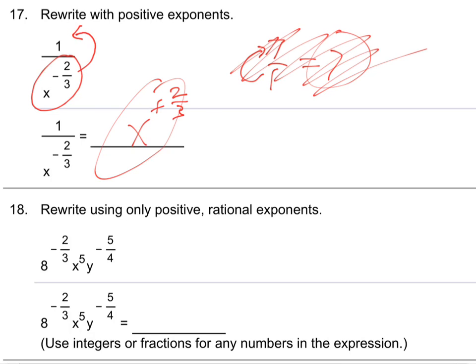All right. What about, okay, now number 18, I want you to notice something. First off, these two are negative powers, aren't they? So those two are going to jump to the bottom, whereas the x to the 5th will stay in the top. Is that making good sense? So the x to the 5th stays in the top.